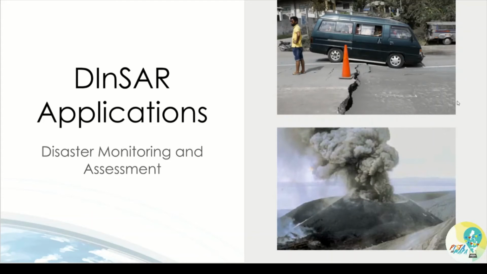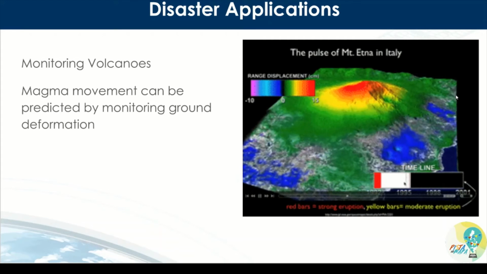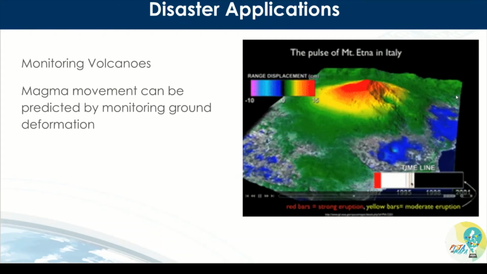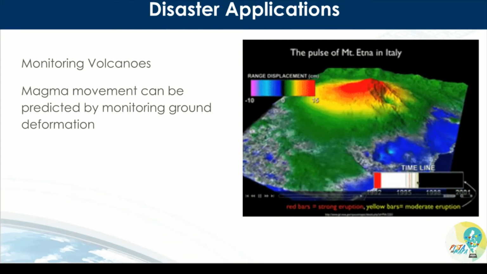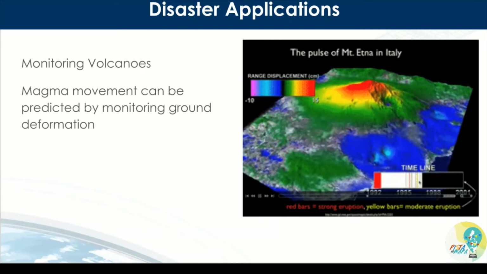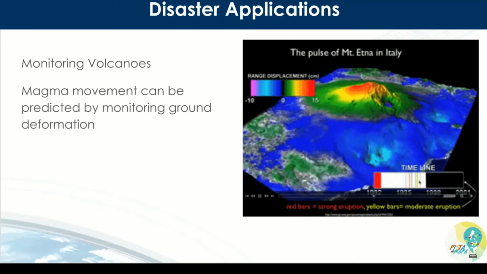So interferometry is often used in disaster monitoring and assessment. This is a quick section on how you can use radar interferometry. Here's one of the examples. You can use interferometry to monitor volcanoes.